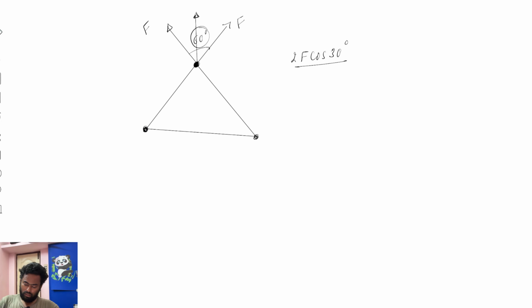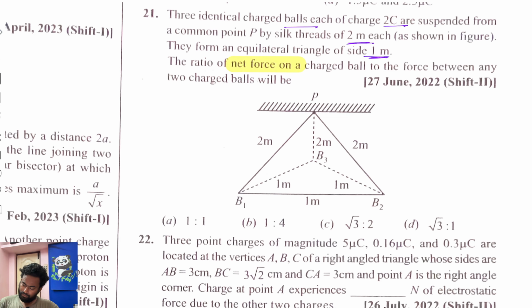So this distance is 1, 1, 1 divided by F. Between any of them force is how much? F. Net force on this charge is 2F cos 30. So what will be our answer? Tell me fast. Answer will be how much? 2 cos 30 degree. Cos 30 means root 3. So what is our answer? Root 3 is to 1.